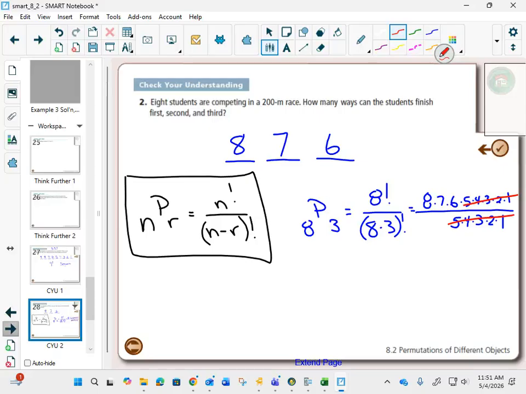The r is the number of spaces or the number of decisions, and the n is the number you start with, and always go down by 1, because once something is used up, it can't be used again.